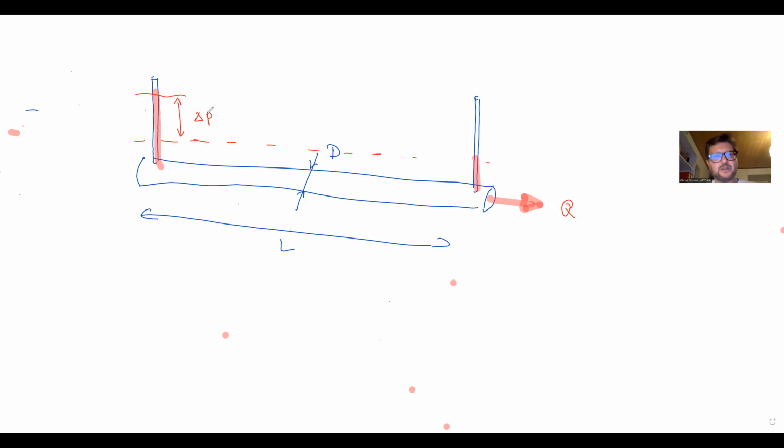So this is the concept of how to determine this property of the fluid, mu A, standing for apparent viscosity.